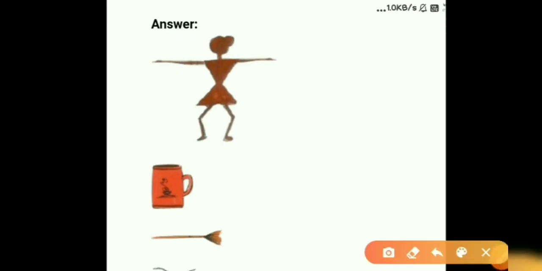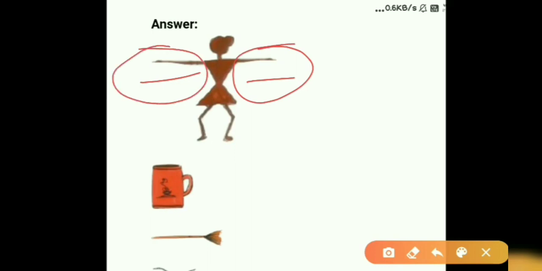Here in this picture you can clearly see the arm of this girl, right? This is the left arm and this is the right arm. Now here you have to draw a 1 centimeter longer arm as in this picture.